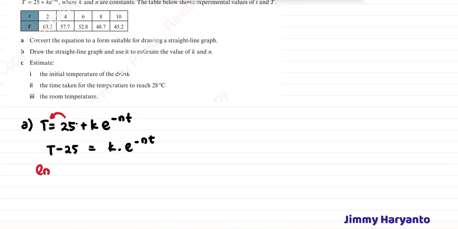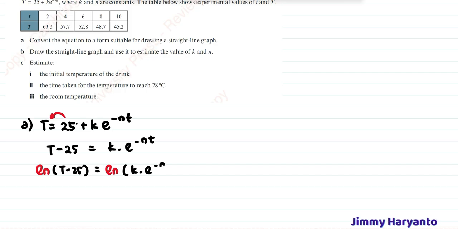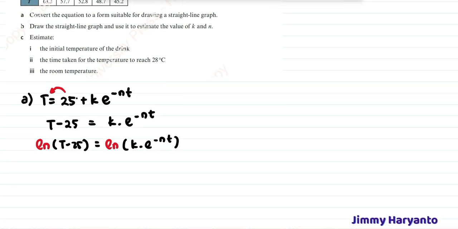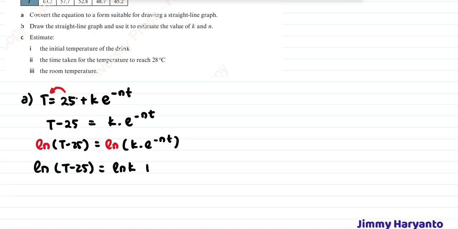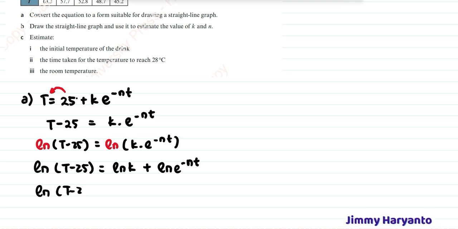So we put ln on both sides: ln of T minus 25 equals ln of k times e to the power of negative nt. Then we separate the right hand side using the properties of logarithm: ln k plus ln e to the power of negative nt, so ln(T minus 25) equals ln k minus nt times ln e.